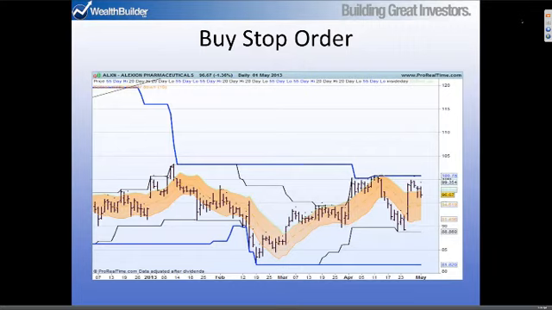Let's say that you felt that if the price went above 178, you wanted to be in that because you felt the price would continue up. So you would place a buy stop order at 178. When the price traded up there and touched that, then it would change to a market order. You'd get filled and you'd be in a long position.